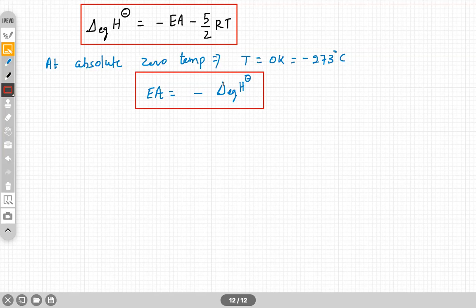We won't say that we cannot achieve it, but it is very difficult to achieve minus 273 degrees Celsius. So electron affinity is minus delta Eg H naught. That's why we say that electron affinity is the negative of electron gain enthalpy, which is not always true, because the actual relation is this.